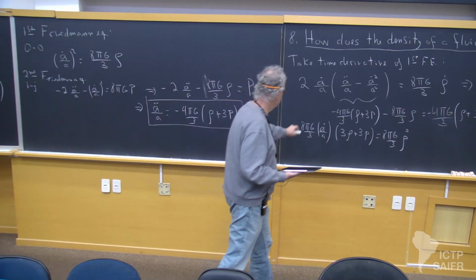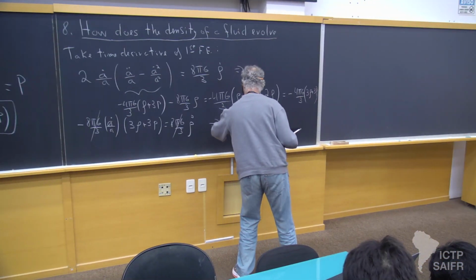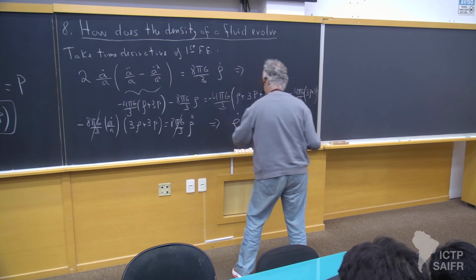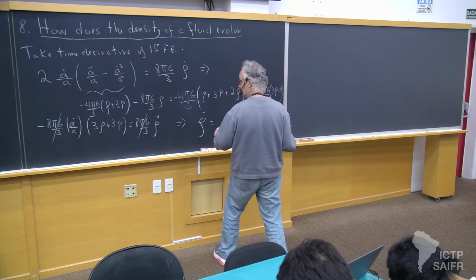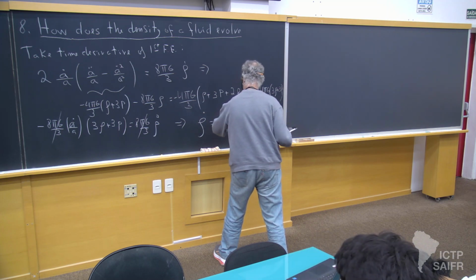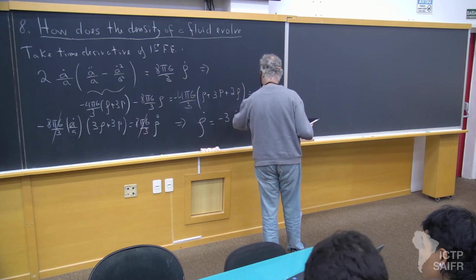So I can cancel the 8 pi G over 3, and what I get is rho dot equals minus 3 a dot over a (rho plus p).